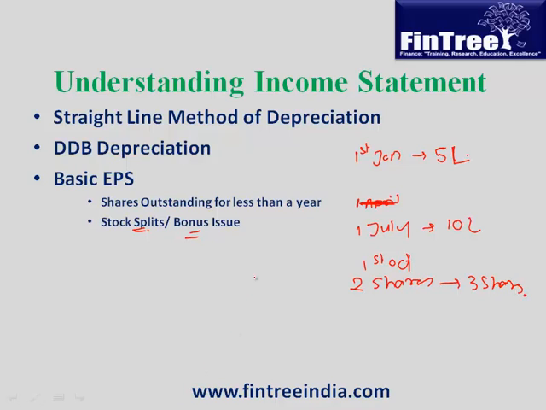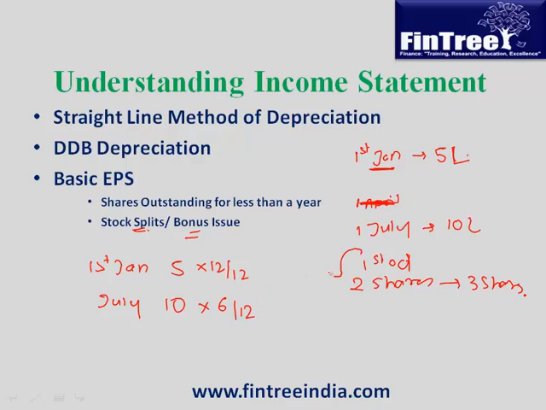We want to calculate the denominator of basic EPS formula. So we will say 1st of Jan, this is 1st of July, number of shares 5, number of shares 10. 1st of Jan are outstanding for 12 months, so into 12 divided by 12. 1st of July outstanding for 6 months, so into 6 divided by 12.